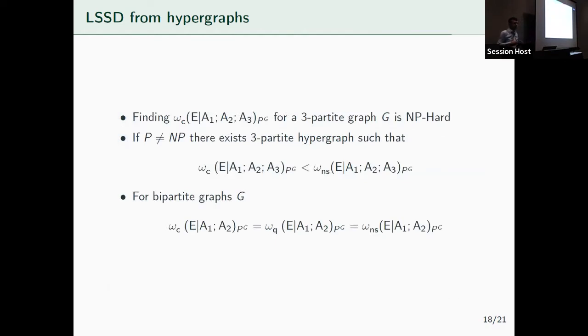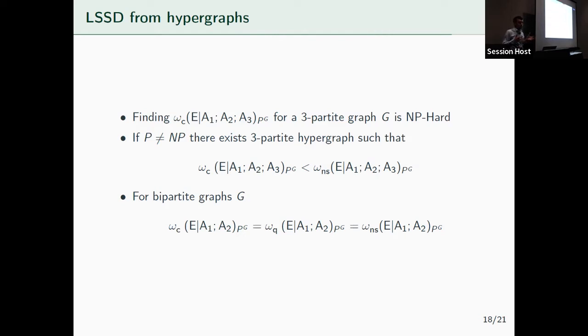First, it shows that finding the optimal classical value for tripartite LSST is NP-hard, because if you can solve it, you can solve the tripartite matching problem. And if P is not equal to NP, there exists a tripartite hypergraph where the classical value is different from the no signaling value, because for no signaling, you can write a linear program and you can find it in polynomial time, and the classical value is NP-hard.